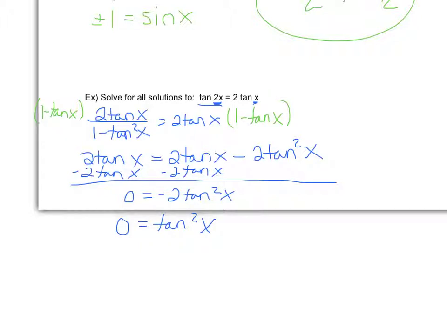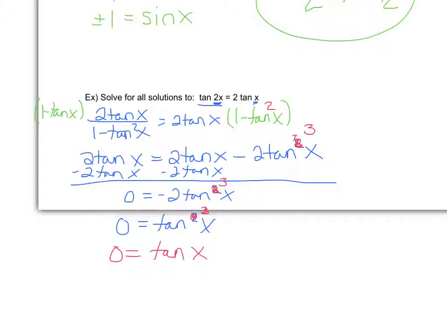So I'm going to grab a different color and go through and correct that. So this should have been tangent squared, which would have made this tangent cubed when it distributed, which would have remained tangent cubed. It doesn't change my problem too much. Now I just take the cube root to get rid of the 3, but taking the cube root of 0 is still going to be 0.